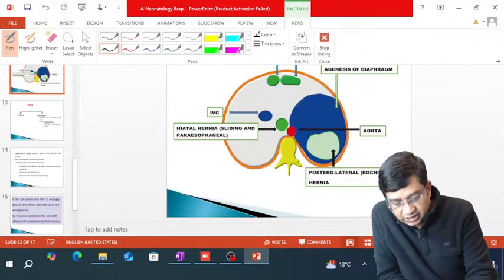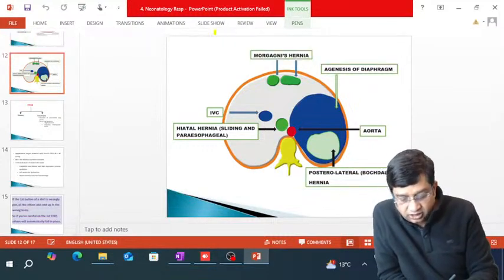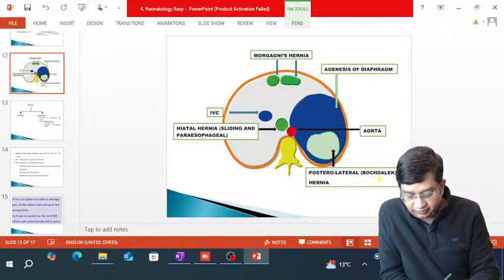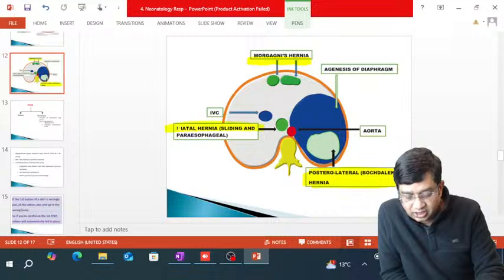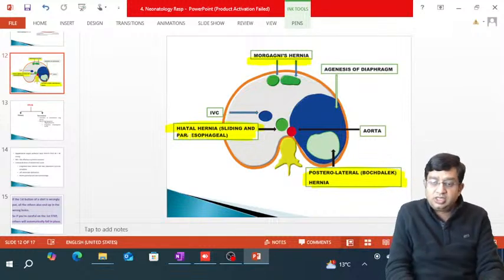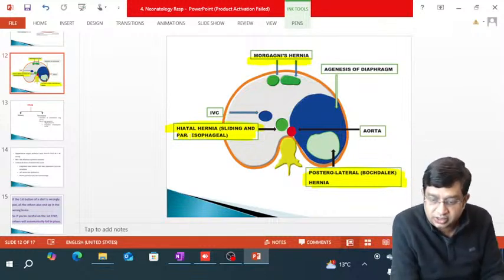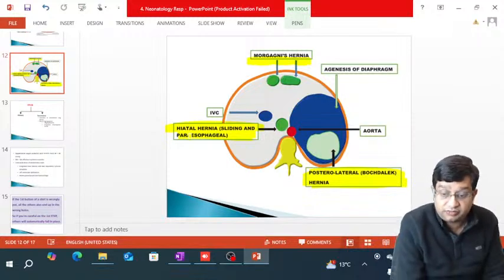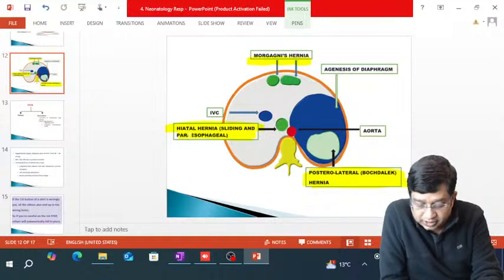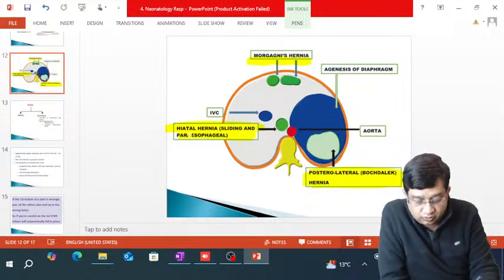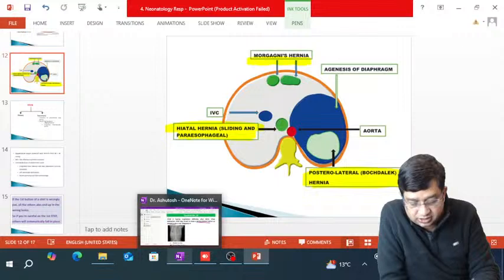These are the various types of hernias you get in congenital diaphragmatic hernia. Posterolateral defect is Bochdalek hernia. This is the anteromedial defect, Morgagni hernia. This is the hiatal hernia. If they mention posterolateral, your answer is Bochdalek hernia.